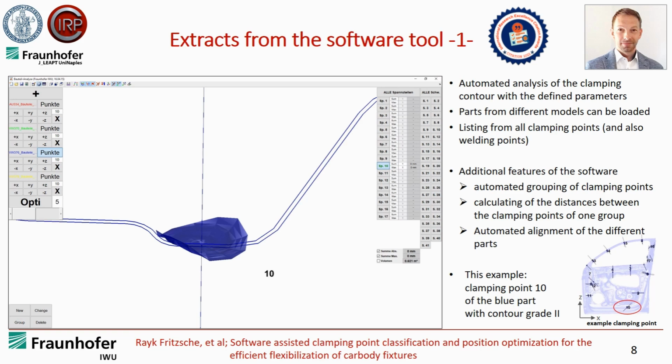On the right side we have a listing of all clamping points and also the welding points. Additional features of the software are an automated grouping of the clamping points, calculating the distances between the clamping points of one group, and an automated alignment of the different parts with different optimization criteria.